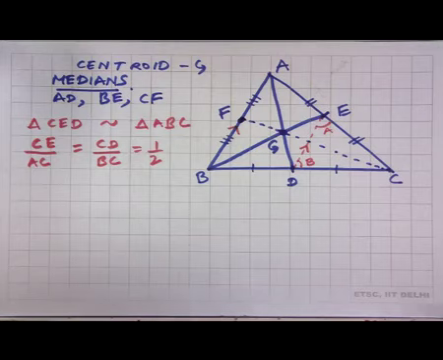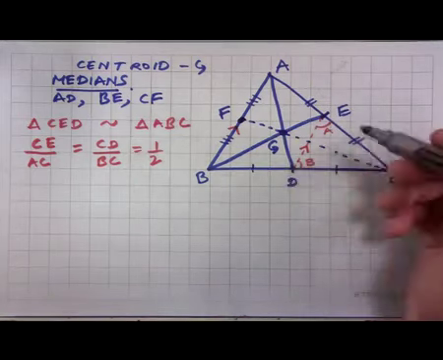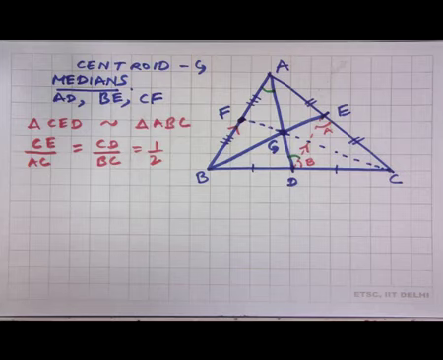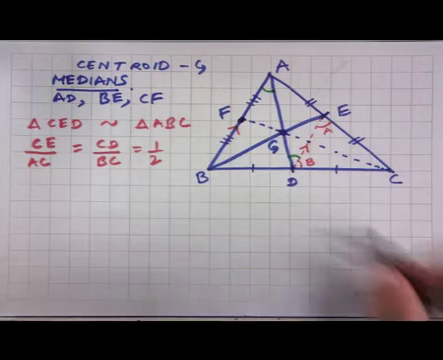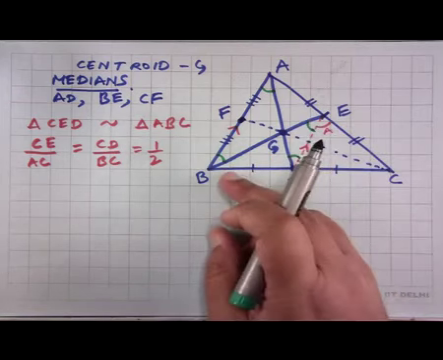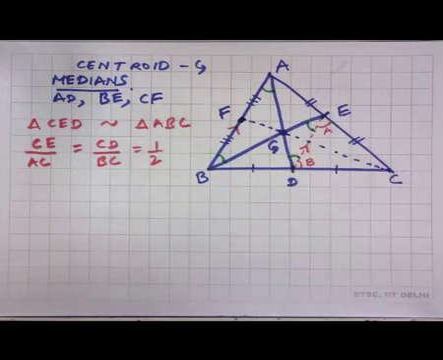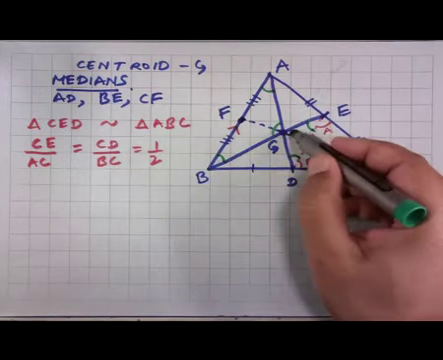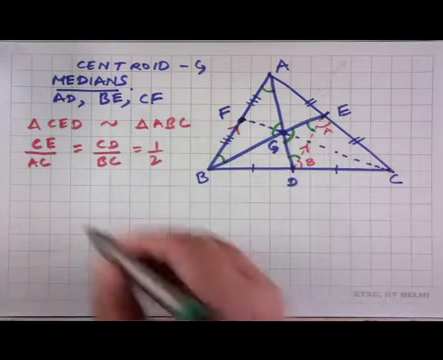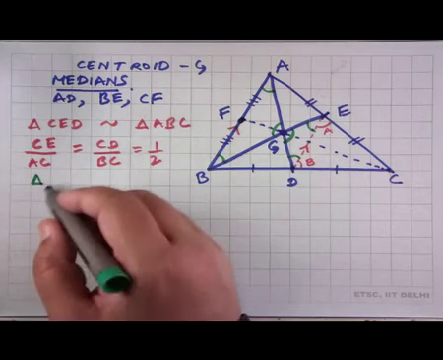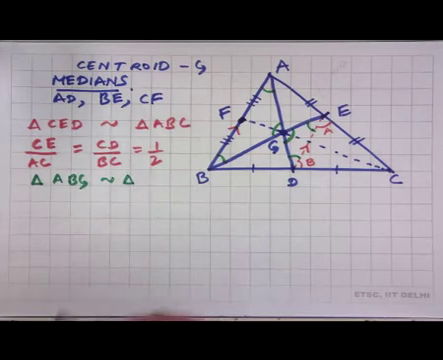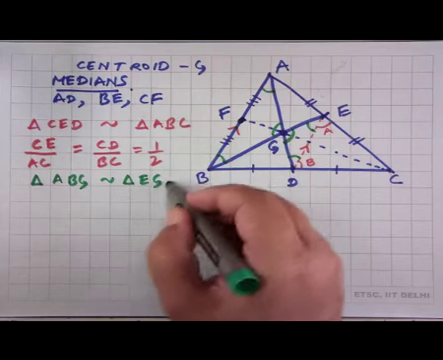So, now once we have shown that these two line segments are parallel, it obviously follows that this angle and this angle are equal, and similarly this angle here and this angle here have to be equal because these two lines are parallel, and of course, this and this angle are also equal because they are opposite angles, and that basically shows that triangle ABG is similar to triangle EGD.